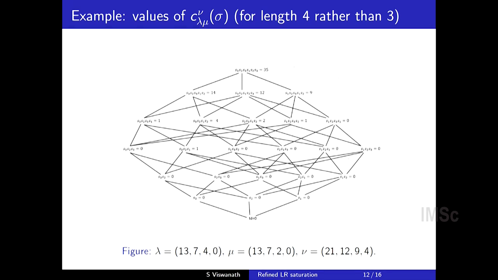And what you see on the top is 35, that's the full Littlewood Richardson coefficient. What you get when you take lambda, mu and nu to be these vectors of length 4, that 35 is the full Littlewood Richardson coefficient, but these are all the refinements. There are 24 refinements of that LR coefficient. And you can see that as you go up these lines, these coefficients will all increase.